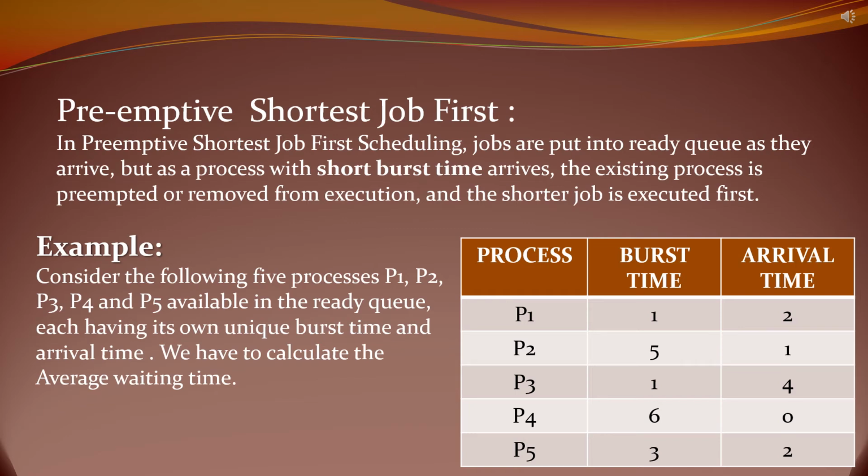And also the arrival time. For arrival time, for P1 it is 2, for P2 it is 1, for P3 it is 4, for P4 it is 0 and for P5 it is 2. We have to calculate the average waiting time.